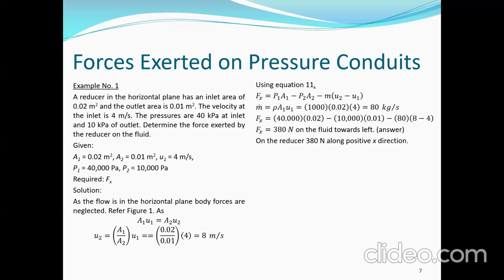So, given A1 is equal to 0.02 meters squared, A2 is 0.01 meters squared, U1 is 4 meters per second, P1 is equal to 40,000 Pascal, and P2 is equal to 10,000 Pascal. Oh, di pa napalitan to.